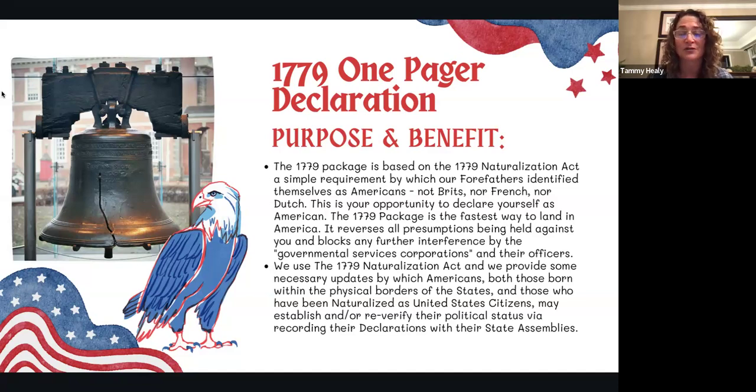and their officers. We use the 1779 Naturalization Act, and we provide some necessary updates by which Americans, both those born within the physical borders of the states and those who have been naturalized as United States citizens, may establish and or re-verify their political status via recording their declarations with their state assemblies.